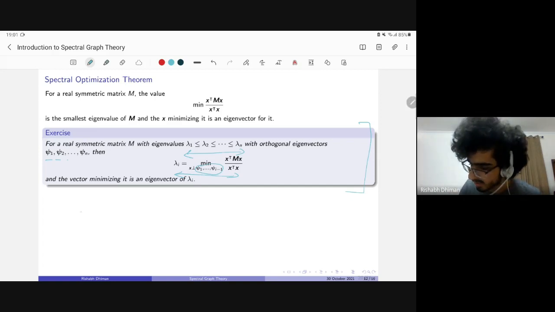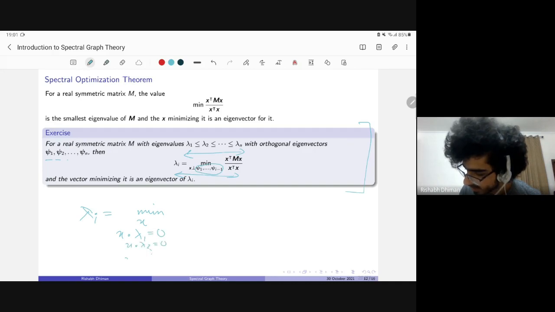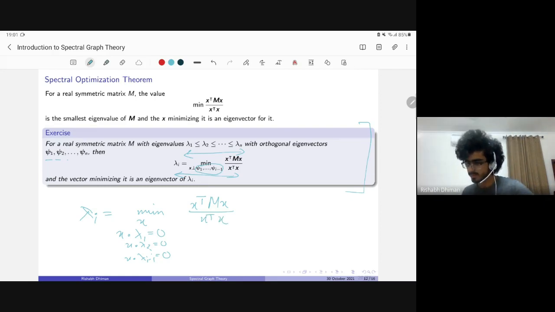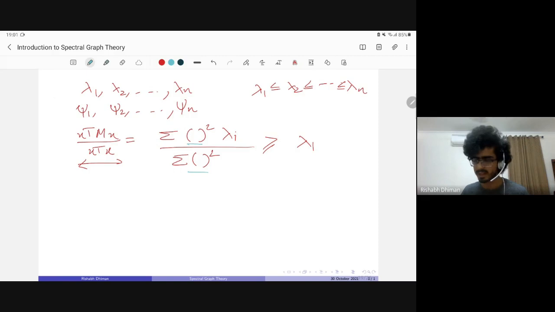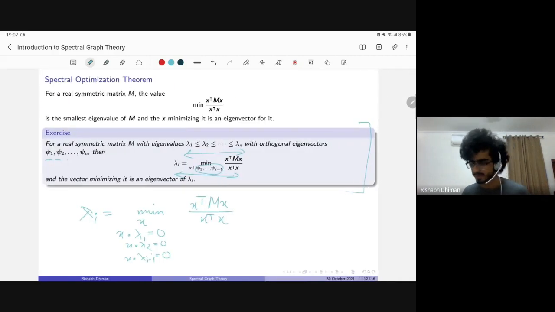So lambda i will be the minimum over all x such that x dot v1 is 0, x dot v2 is 0, up to x dot v(i-1) is 0. So yeah, that's basically the result, and this will just be a slight modification to the previous proof.